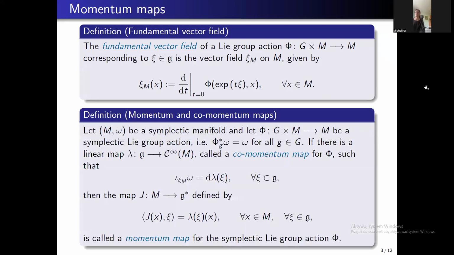Suppose that we have a symplectic manifold and also a Lie group action on this manifold that is symplectic, that means it preserves the symplectic form.